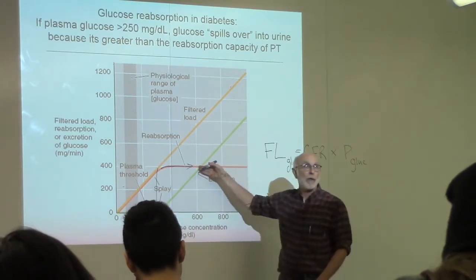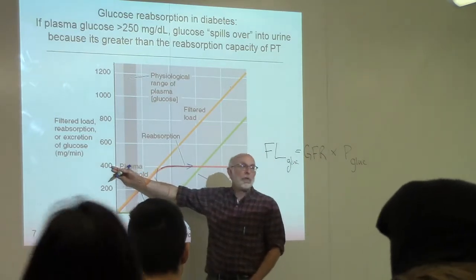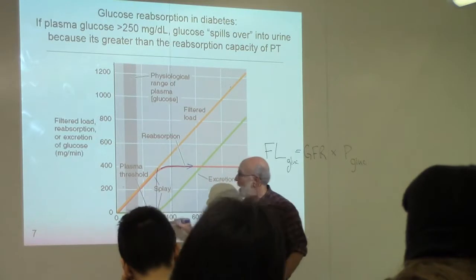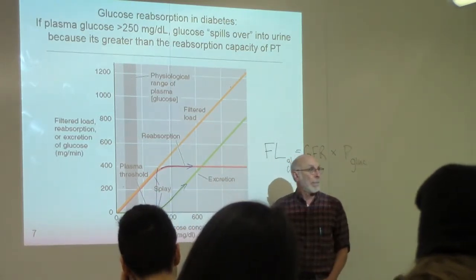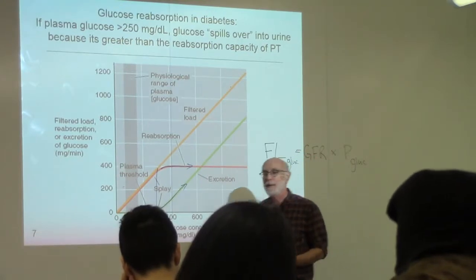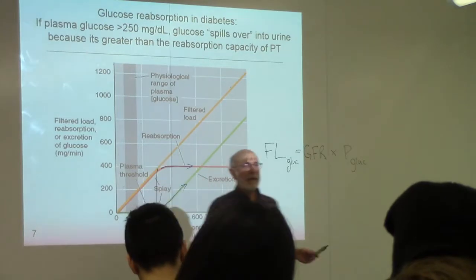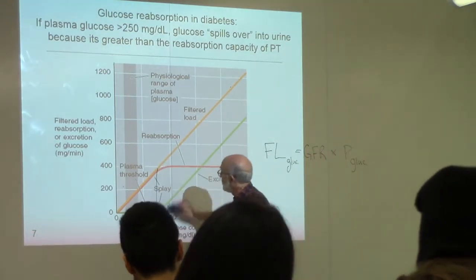This is the maximum reabsorption of the proximal tubule. The proximal tubule can reabsorb up to, say, 400 milligrams per minute of glucose. And after that, it starts to excrete it. The main point here is that the proximal tubule is limited. It's got a limited length, and it's got a certain fixed number of transporters.